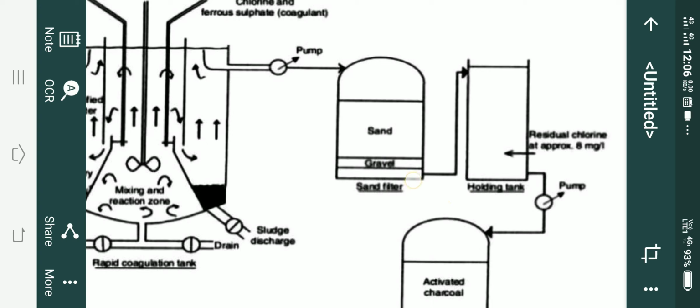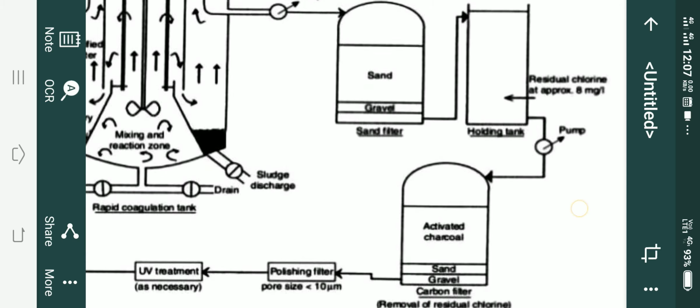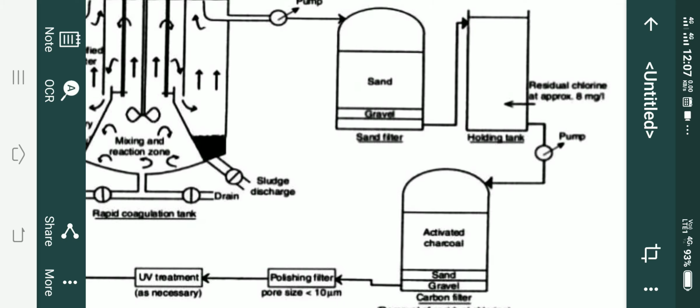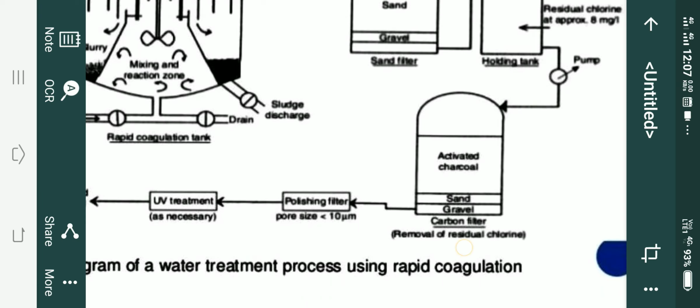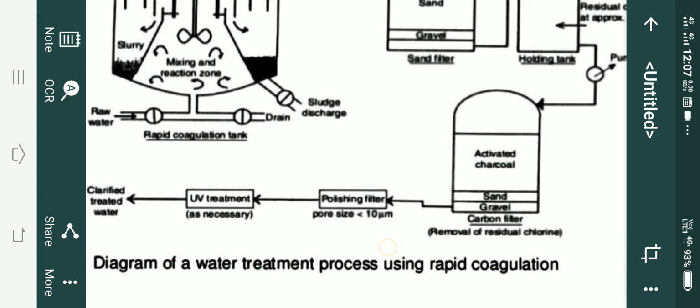Then this is the holding tank, where the residue of chlorine can be approximately 8 mg per liter, and then this goes to the activated charcoal tank, where removal of residual chlorine takes place.